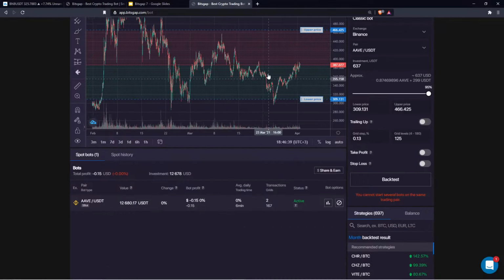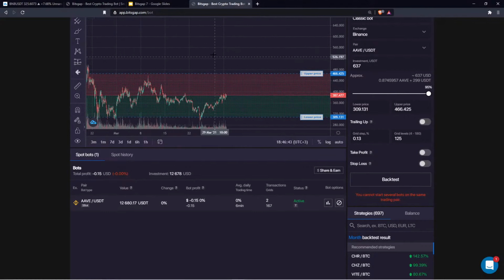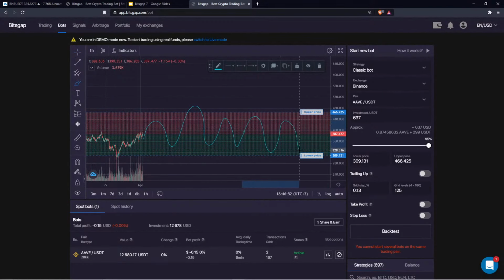So as a rule of thumb, and I really want to make this simple for you, there is a rule of thumb. If you expect the market to go sideways like this, like in the range, like in the horizontal range, you see, this is where you should stick with the S-bot, because statistically the S-bot has proven to be more successful on the sideways market.